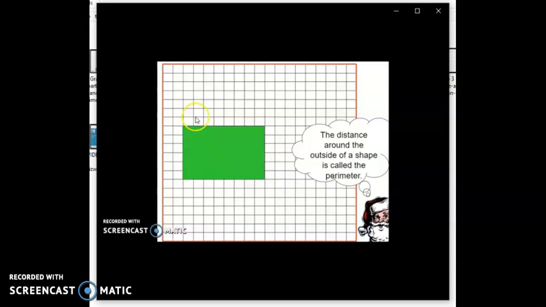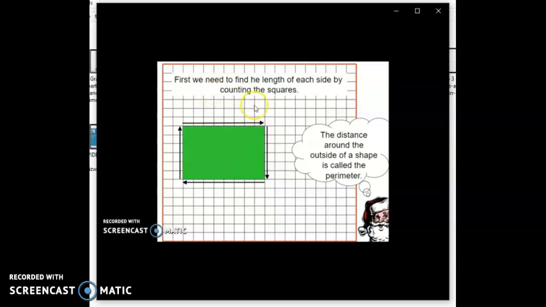For example, we need to find the distance from this side to this side, and then from this side to this side. After that, from this side to this side, and lastly this side. So first of all, we need to find the distance around the shape. We can find the length of a shape by counting the squares.